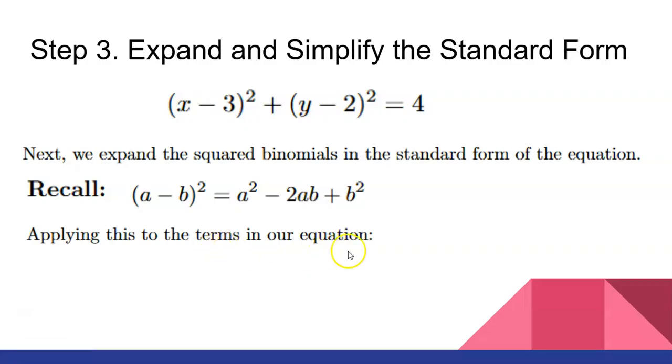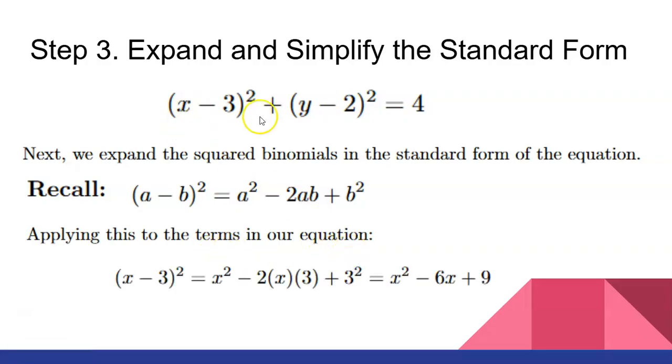Applying this to the terms in our equation, our first squared binomial term is x minus 3 squared, where a is equal to x and b is equal to 3. So x minus 3 squared is equal to x squared minus 2 times x times 3, where a is equal to x and b is equal to 3, plus 3 squared, where b is equal to 3.